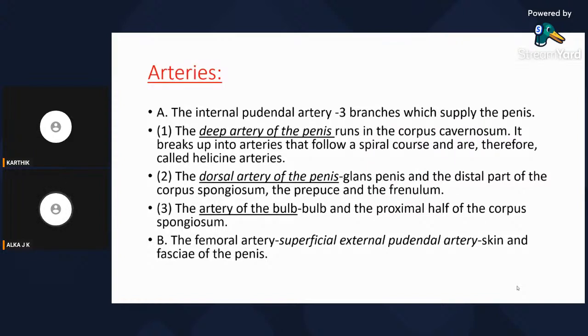The superficial external pudendal artery goes to the skin and fasciae over the external genital organs, so it supplies the skin and fasciae over the penis. By minute dissection, we can see these three arteries, and next three deep arteries of the femoral artery are there.